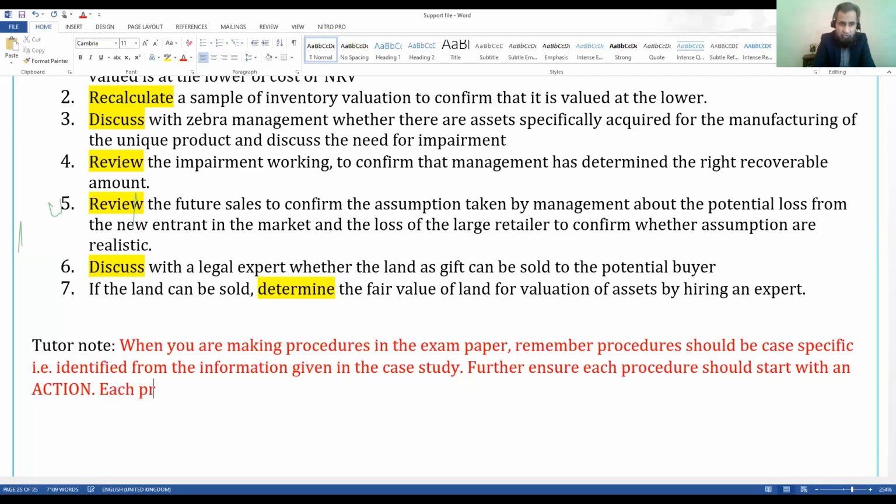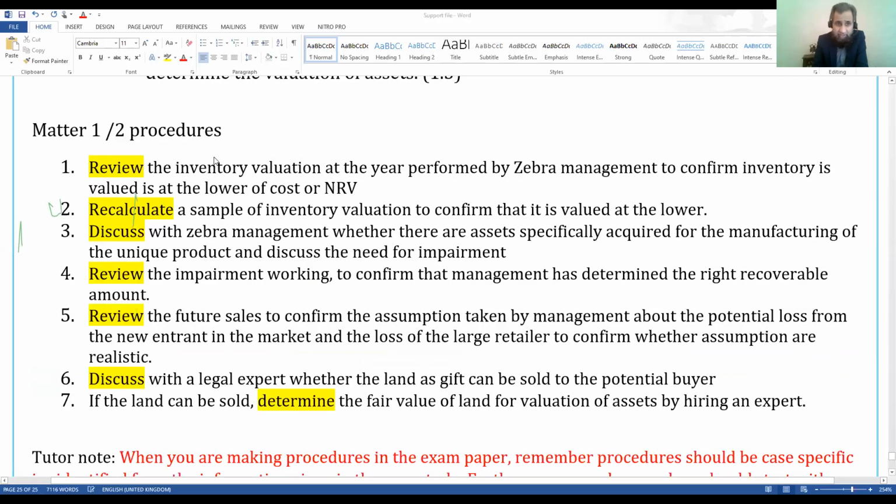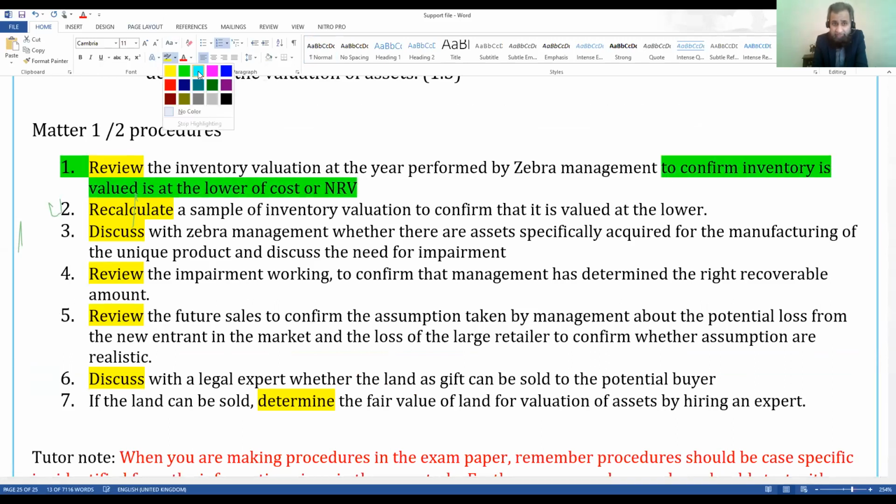Each procedure should have a purpose or an objective. What is the objective of carrying out a procedure? What is the purpose of carrying out the procedure? Look at this. Review the inventory. What is the purpose? To confirm it's valued at the lower of cost or net realizable value. Recalculate the inventory valuation to confirm it's valued at the lower.